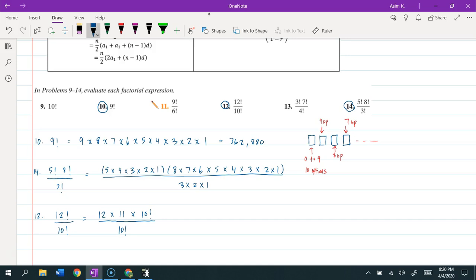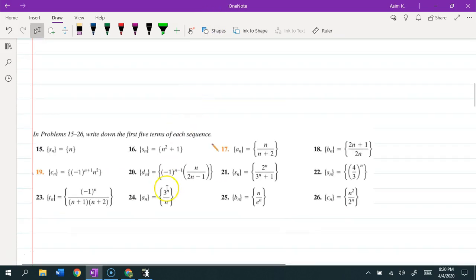So technically you would have written both of these as 10 times 9 times 8 times 7, blah, blah, blah. So why not just cancel that factorial on the top and the bottom, so you're left with 12 times 11. And 12 times 11, I believe, is 132. We'll see how I did that. All right, so that's objective number 1 for you, to be able to evaluate a factorial.